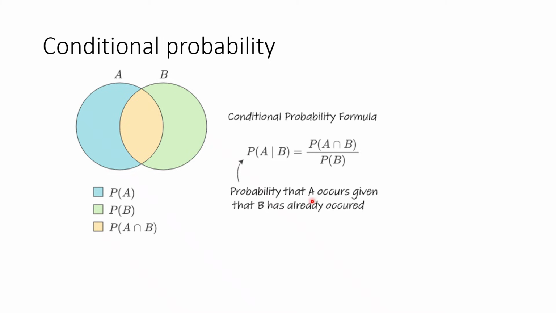One sentence is already written: B has already occurred, or B has been seen, B is known, B has been visited. These types of words are given in the question.